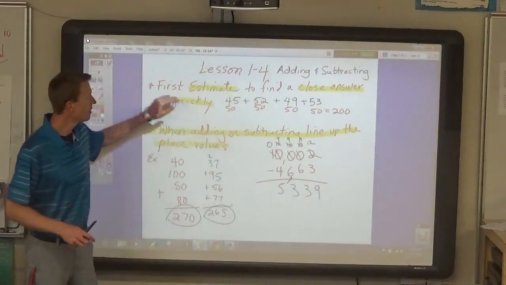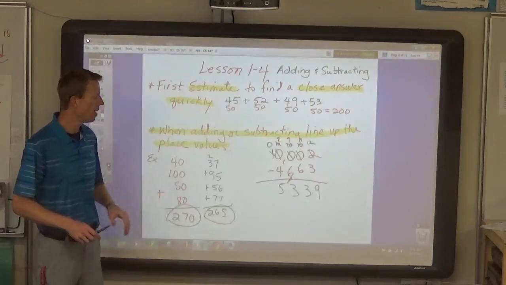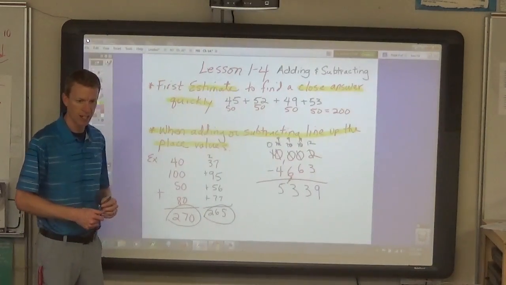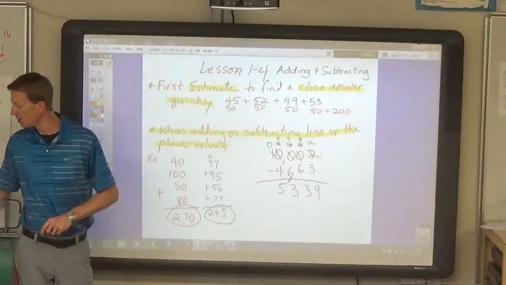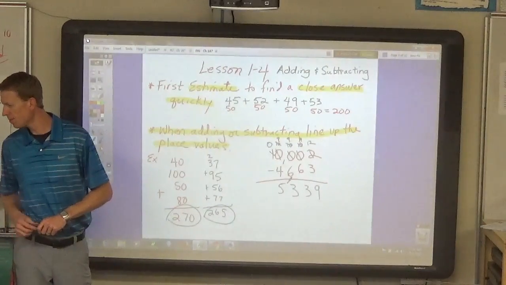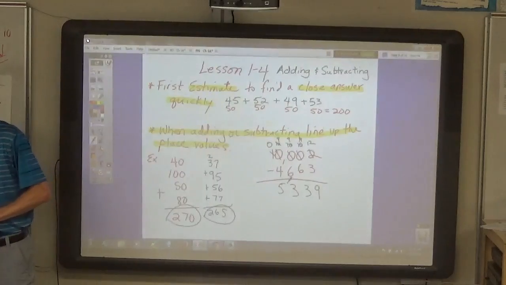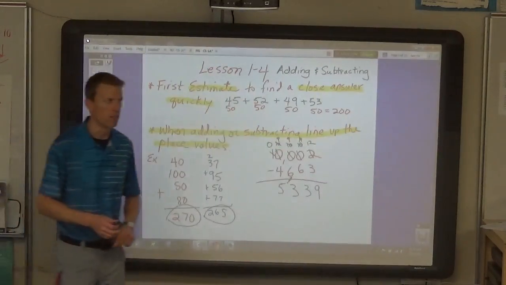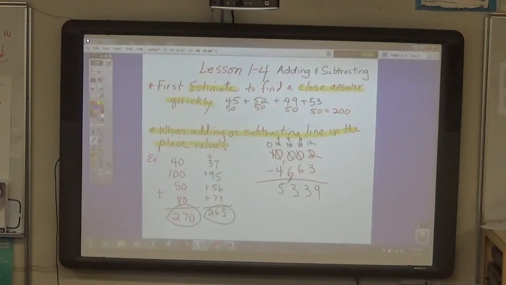The 2 keys: estimate to find your close answer, and when you're adding and subtracting, line up the places. Okay? Your assignment is on page 13. 2 through 20, evens.